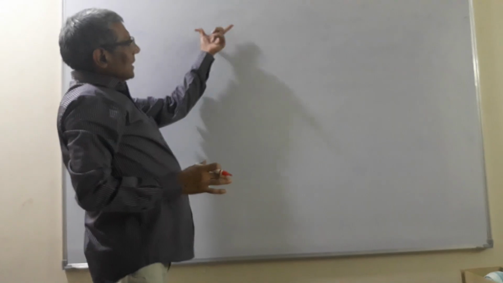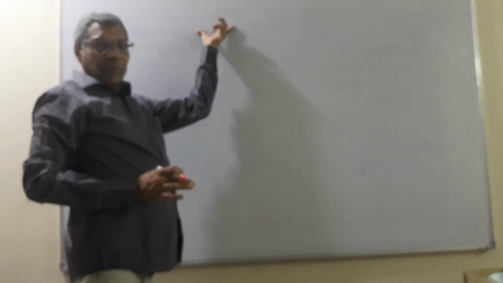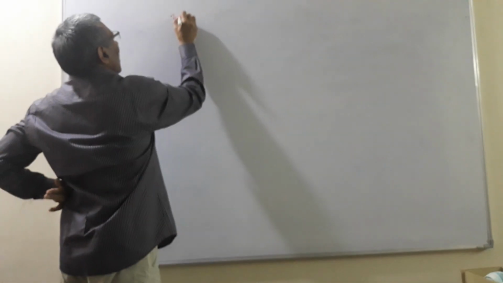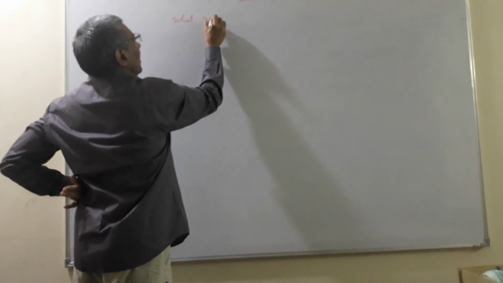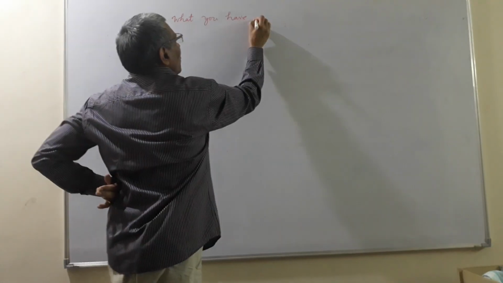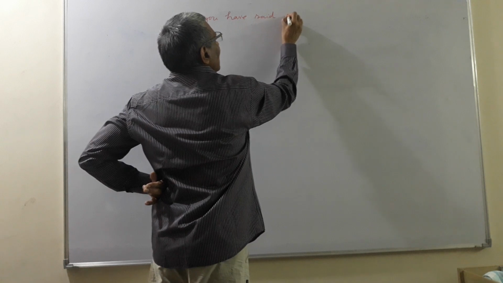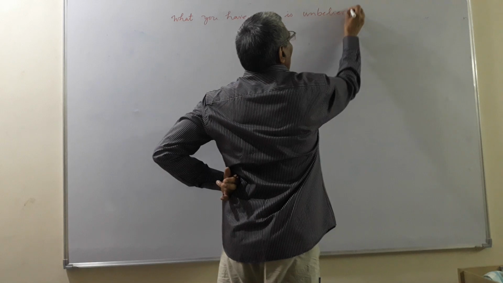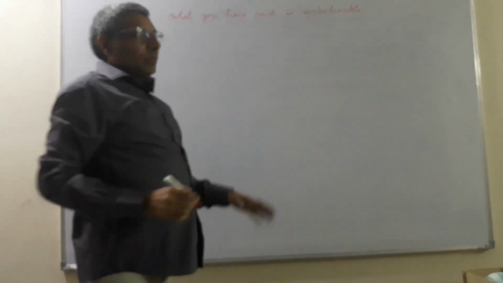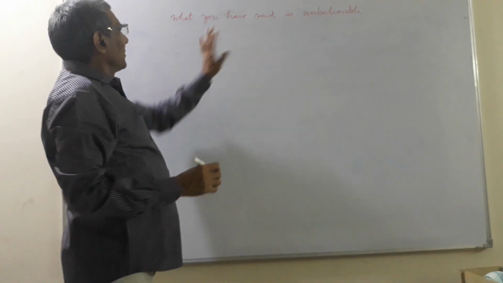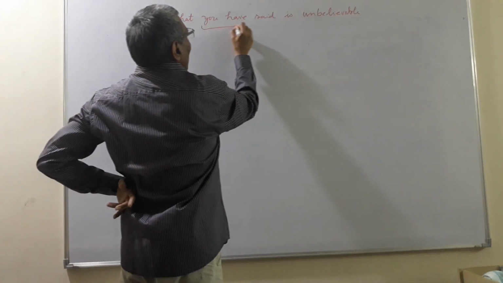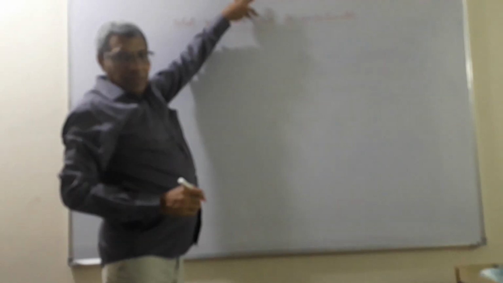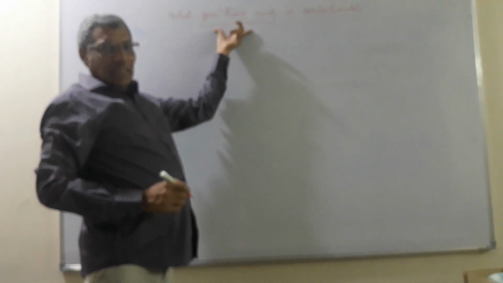Now I use a sentence as the subject of a verb. What you have said is unbelievable. Now look at this sentence. You have said: this is the subject and verb. So this is a sentence.